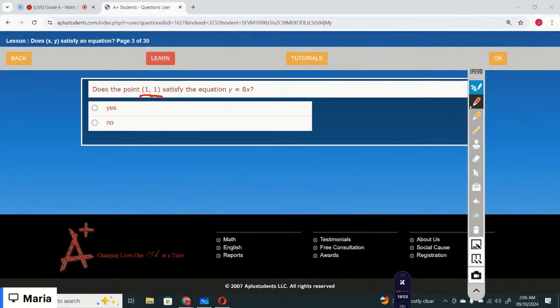Does the point 1, 1 satisfy the equation? The equation is y equals 8x, right? x is 1, y is 1. 1 is not equal to 8, right?